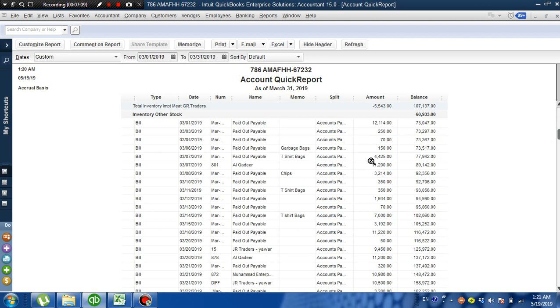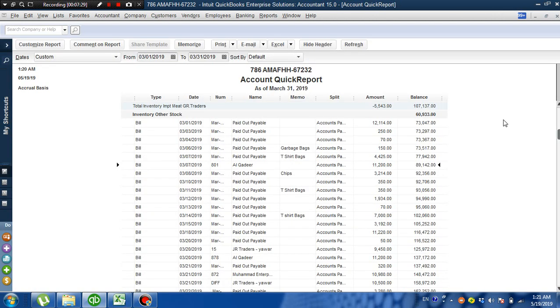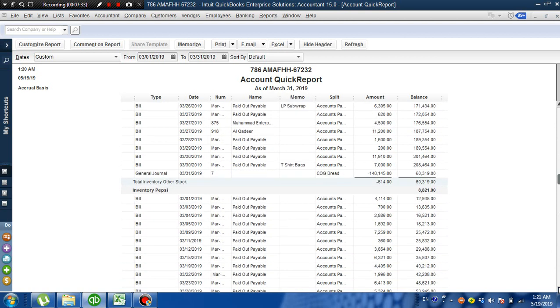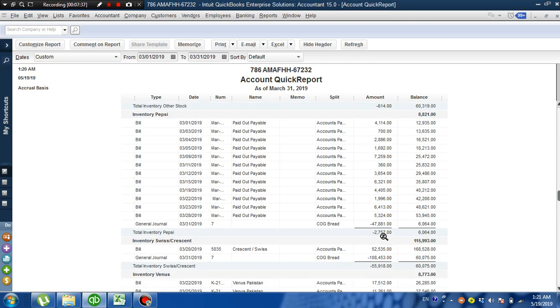These other stock are the purchases of every day. Like, look at this, double click it and you find this is some vendor, and we purchased some other inventory item of 11,200. So all these inventories are collected. Look at this, inventory Pepsi are purchases of a little amount.